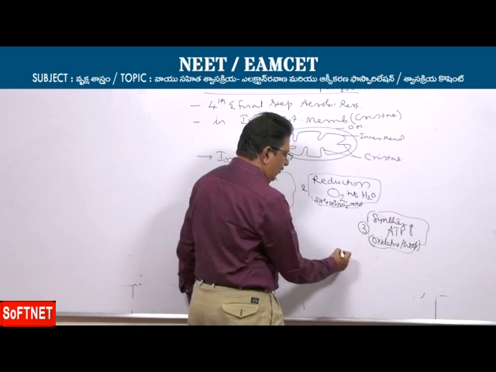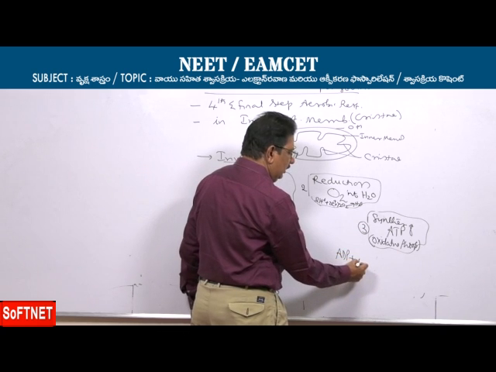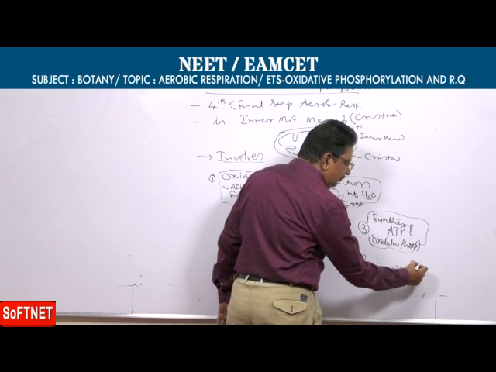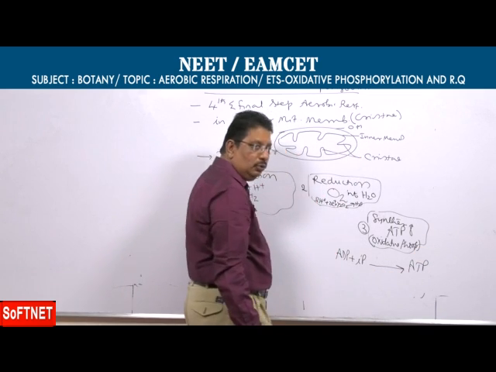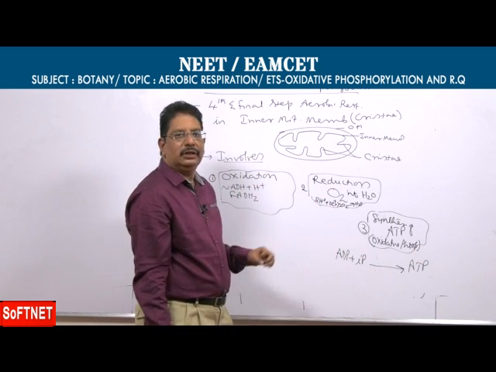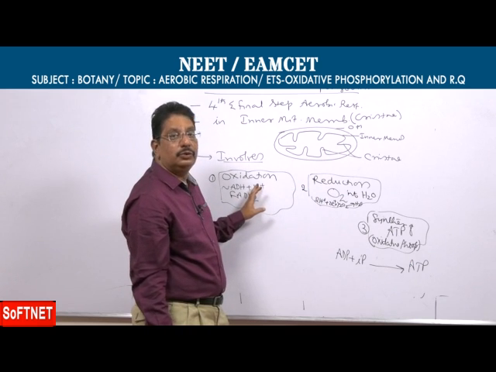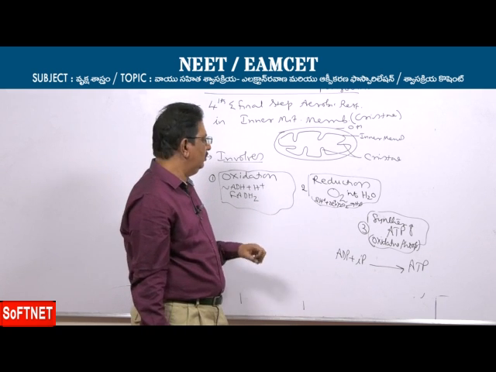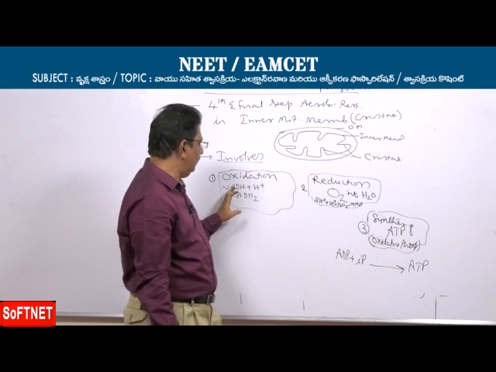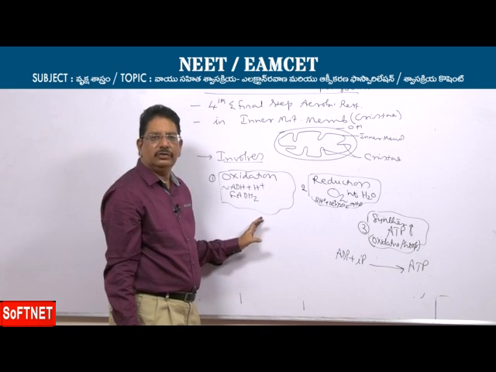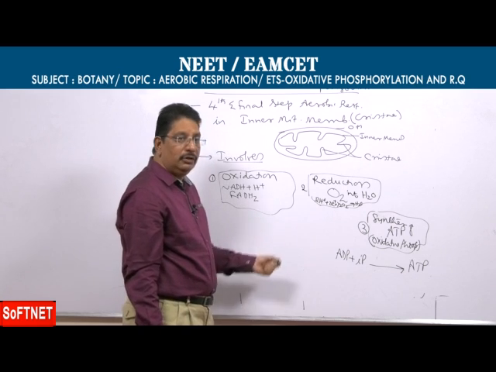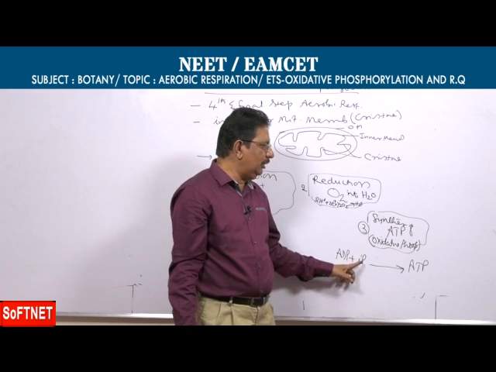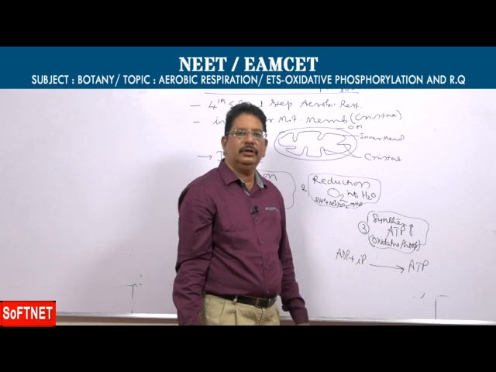That means the ADP and inorganic phosphate react and form ATP by using energy that is derived during the oxidation of NADHs and FADH2. So, during the oxidation of NADHs and FADH2, some energy is liberated, which is utilized in the construction of a bond between ADP and Pi to form ATP.